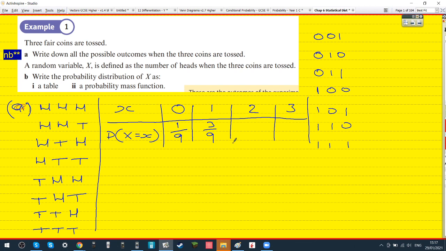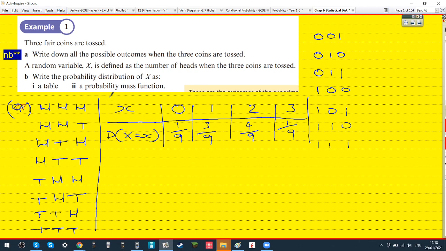One head: 1, 2, 3. 3/9. Okay, and 4/9, and 1/9. That's it. And C: write the probability distribution of X as a probability mass function.